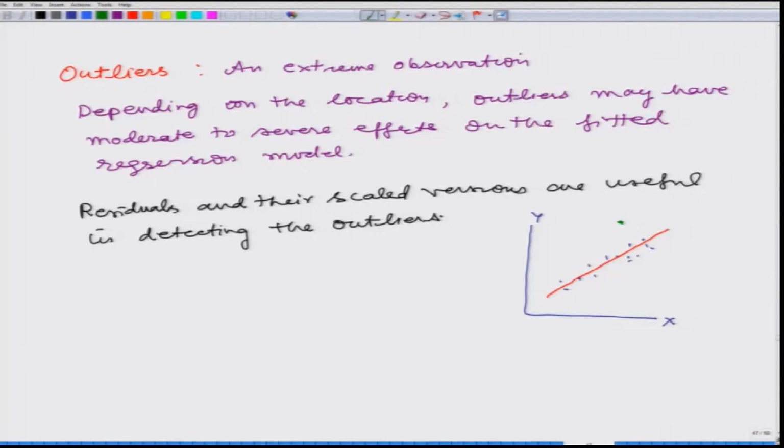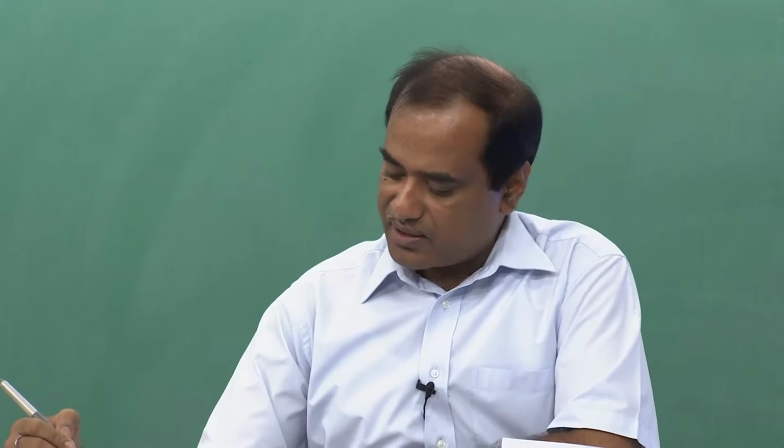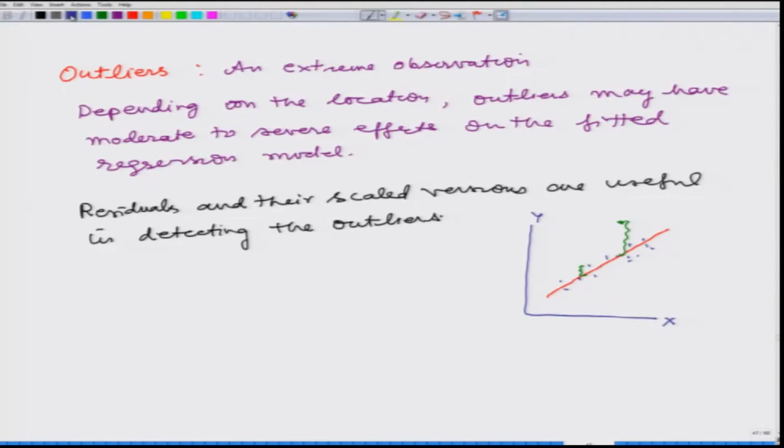So, now we try to find out the difference between the observed value of y and the fitted value of y. One can observe here that at these points the residuals are going to be quite small, whereas at this observation the residual is going to be quite large. So, looking at these two residuals, one can say that if an observation is an outlier, then possibly the corresponding residual is going to be larger.